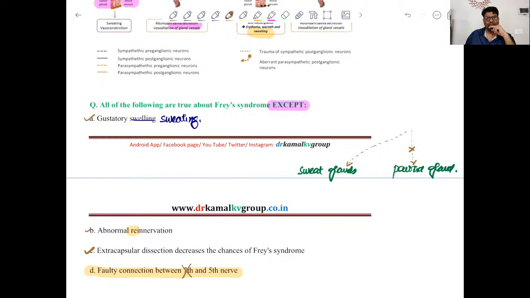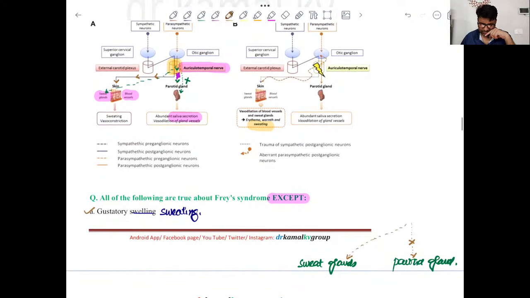It is only the 5th nerve, auriculotemporal branch, which rather than going to the parotid is actually going to the sweat glands. Okay, so there is no concept of any faulty connection or any involvement of facial nerve actually, right? So this is the case of Frey syndrome, right?